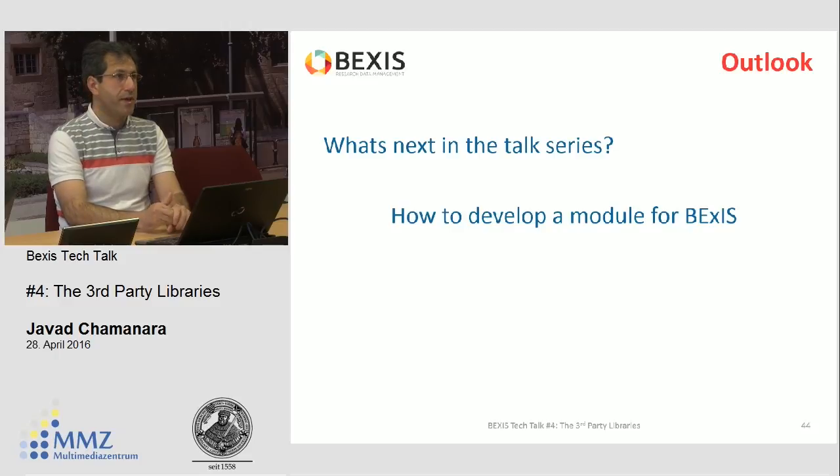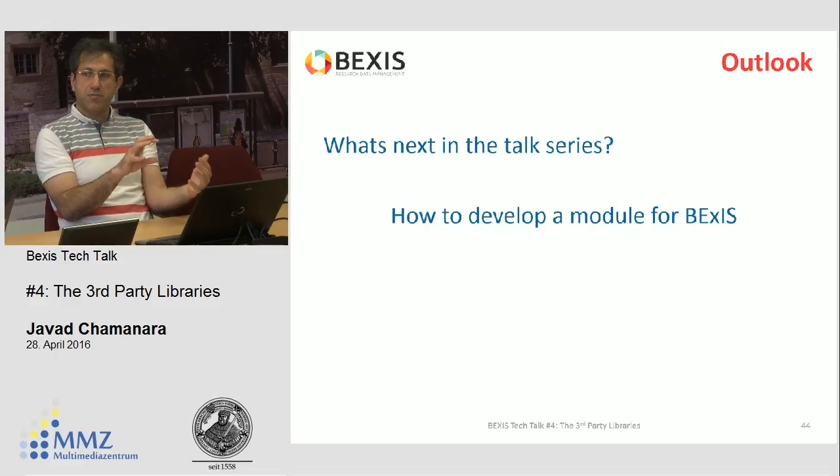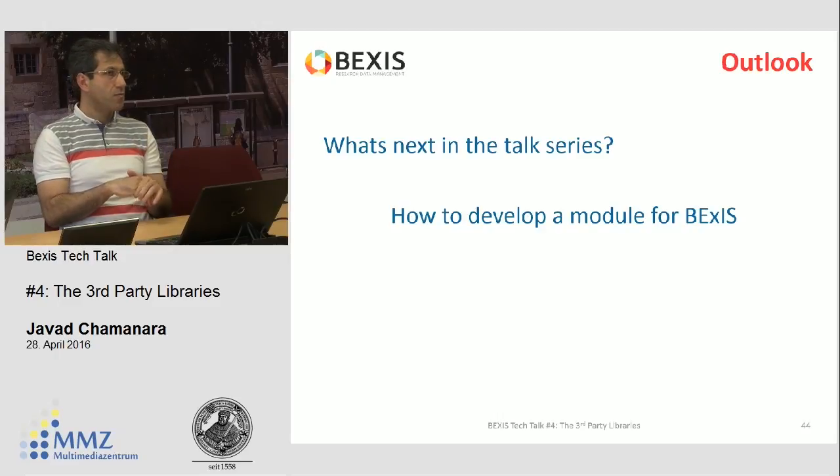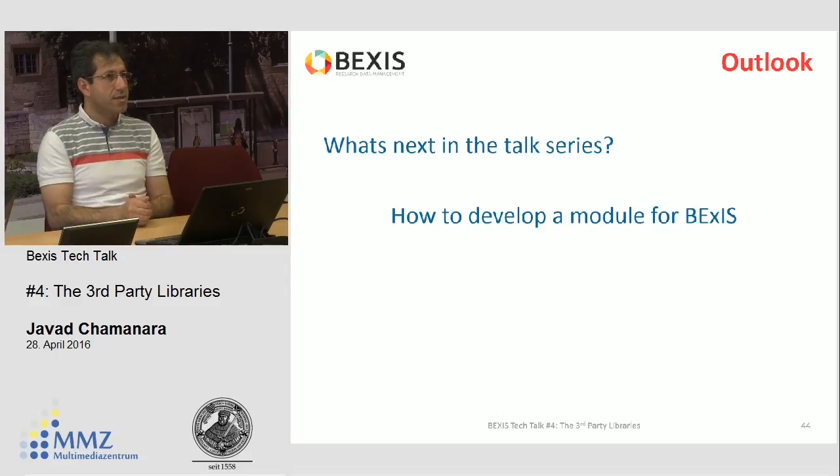And we should be prepared for the next talk, that is now how to develop a module for BEXIS, so that there is a core, there are some libraries, there are some features, and also there are some built-in modules that we develop as part of the standard shipment. And then how to develop a contributed module, basically for those who are around the BEXIS ecosystem of development. Hopefully it's ready by that time, and we can have it, I guess, at the user developer conference in June. In June, then that's it.